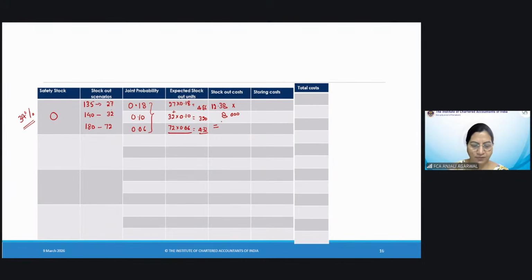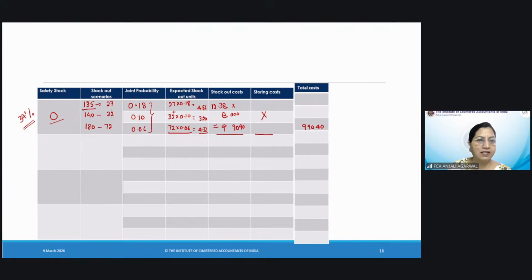So the stock out cost is 99,040. The storing cost is nil as you are not keeping any safety stock. So the total of storage and stock out cost is 99,040.